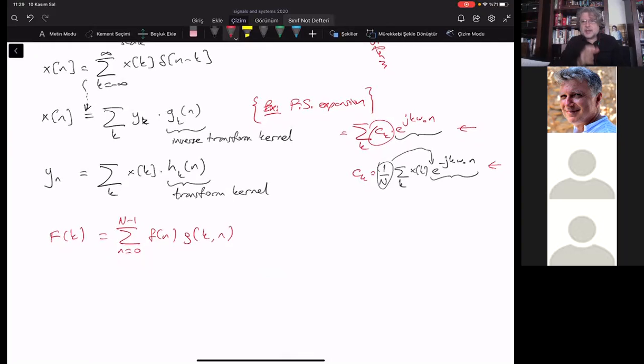I could put k as a subscript, but it's just 2 parameters, k and n, where k is also from 0 to N minus 1. This is a finite extent discrete transform.